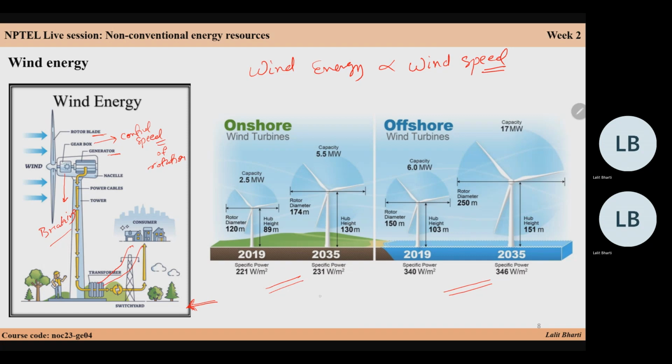Onshore wind turbines are mostly placed on hills and valleys, where pressure is produced and the turbines face high wind currents.